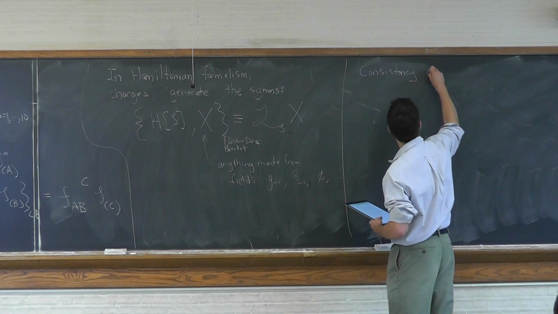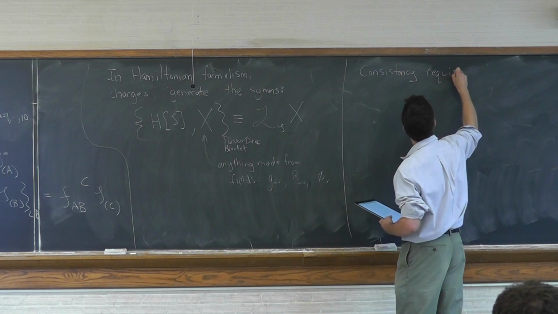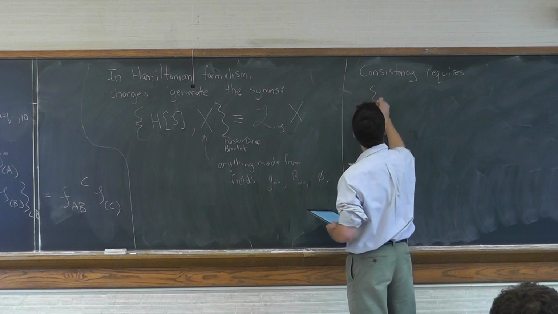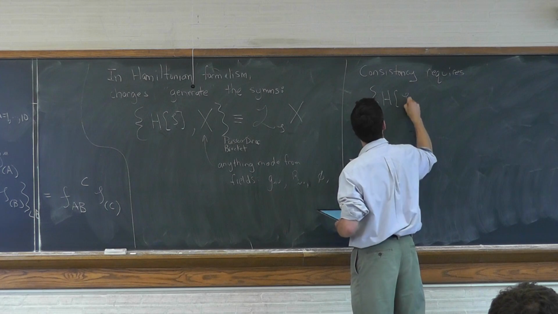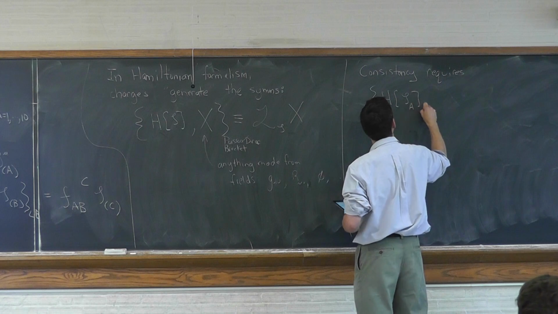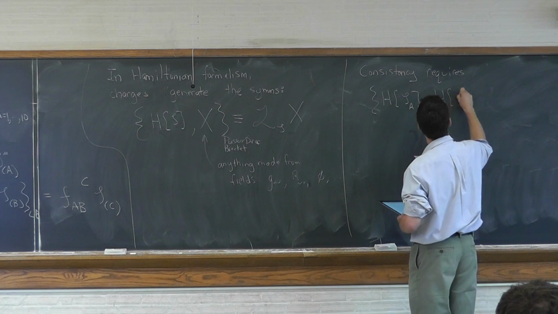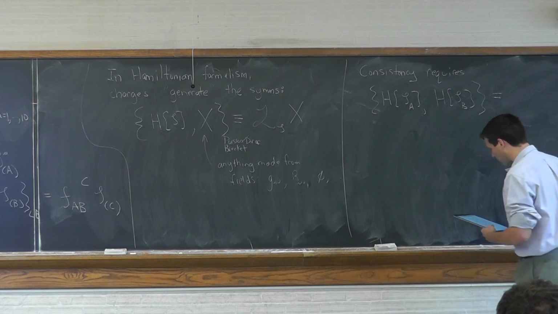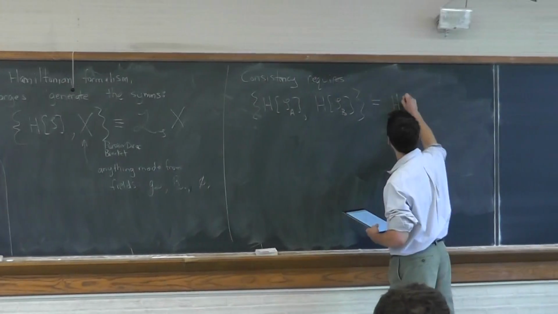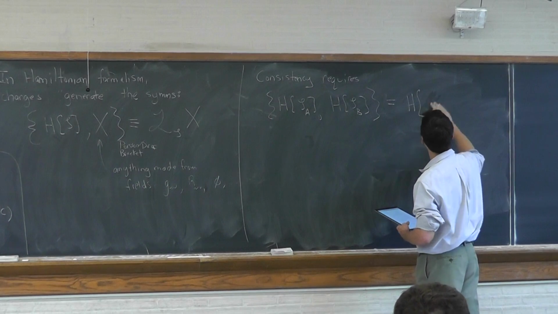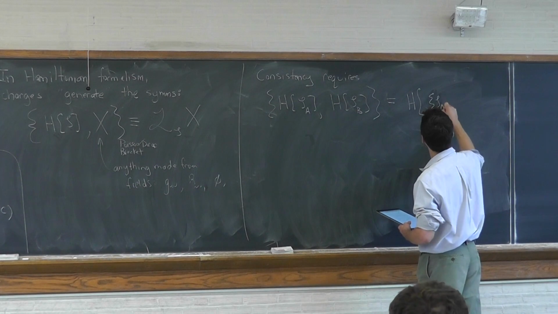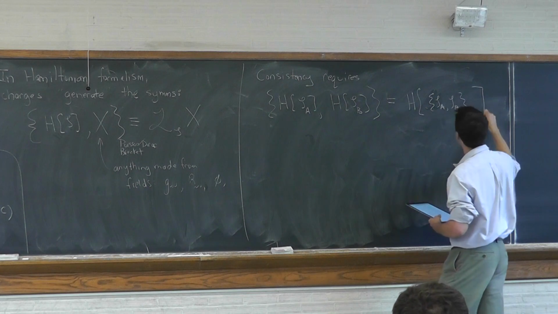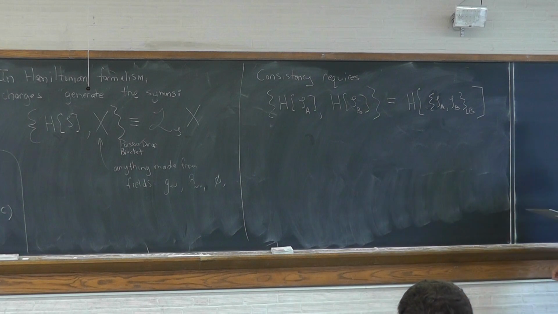So consistency of this formula that I've written requires that H_zeta_A with H_zeta_B had better be equal to H of zeta_A, zeta_B under Lie brackets.